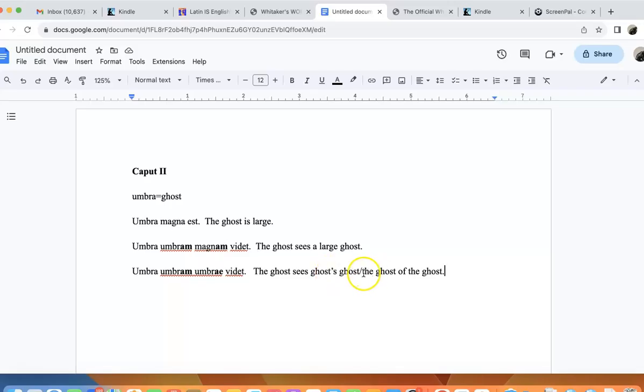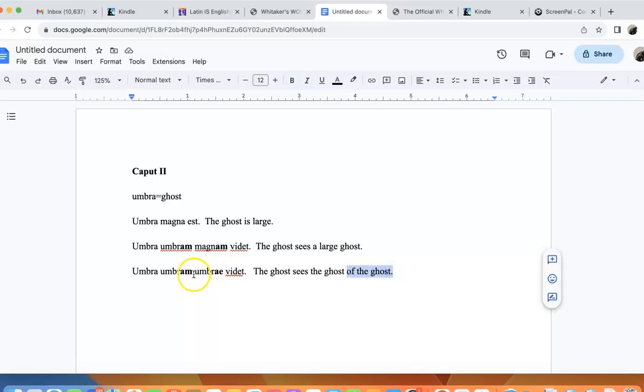So let me be consistent here and just delete that. And so the ghost sees the ghost of the ghost. So the ghost, and then sees, but then the direct object. It wants to do autocorrect, umbram, the ghost, but then of the ghost.